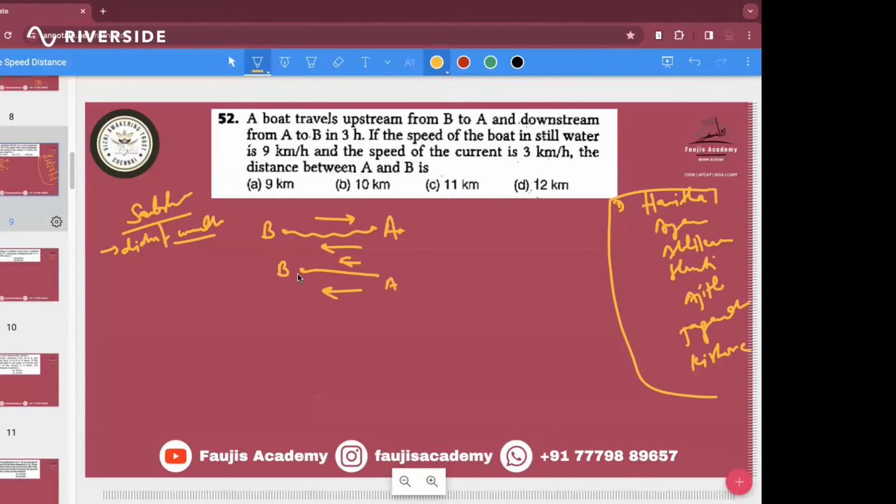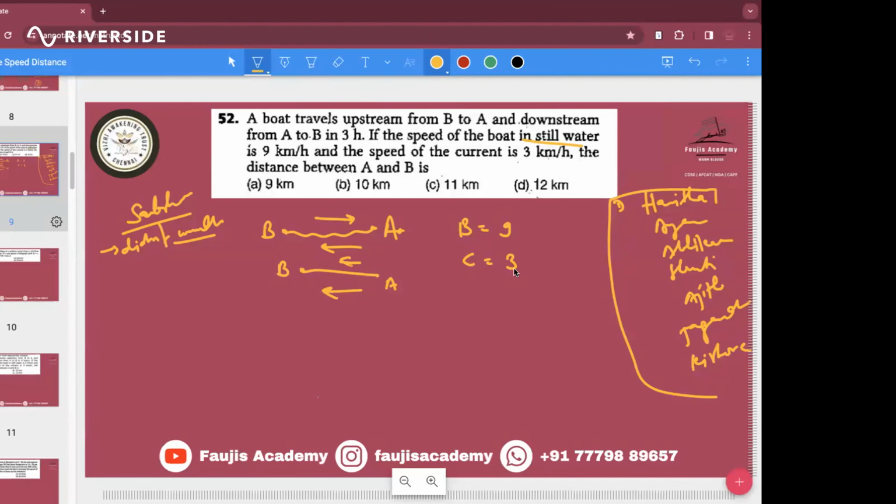Sarvesh, are you following me? If the speed of the boat in still water, that means the absolute speed of the boat B, is 9 kmph. I won't write kmph because everybody knows we are dealing with this unit. The speed of the current C is 3.